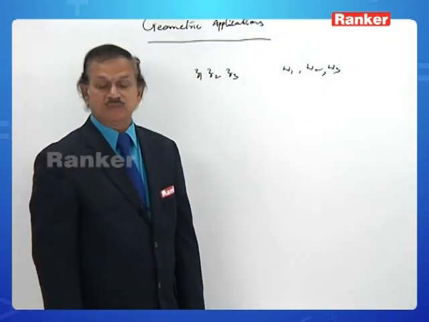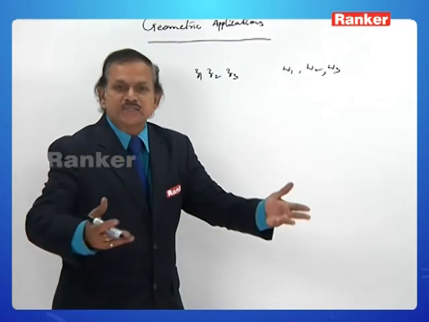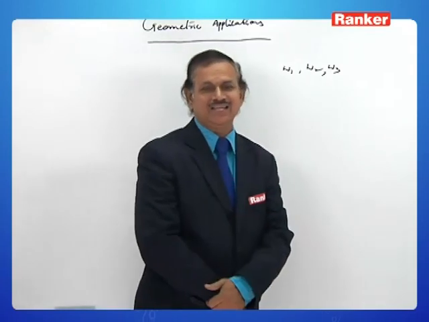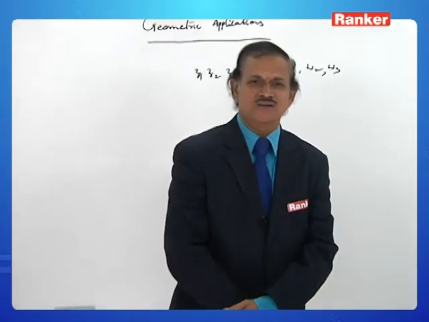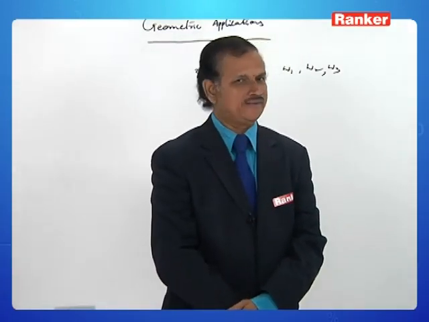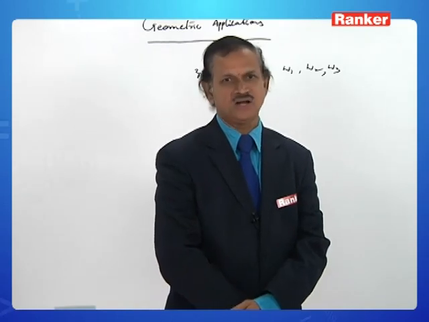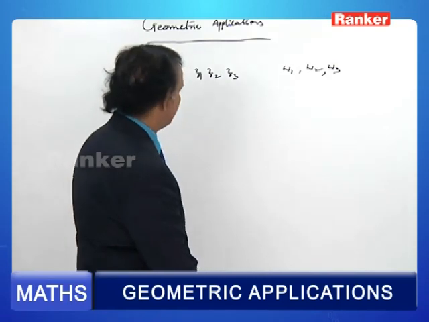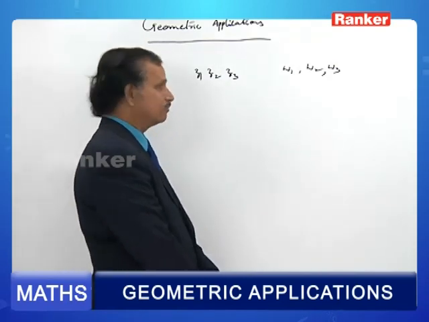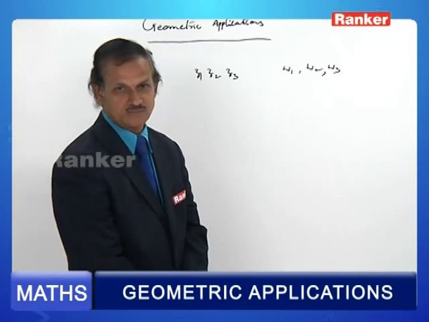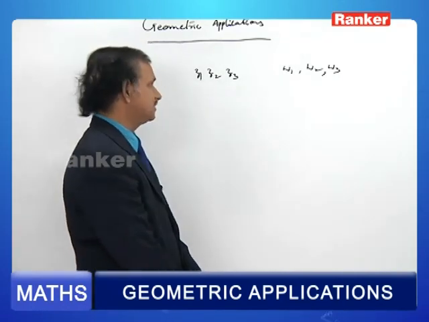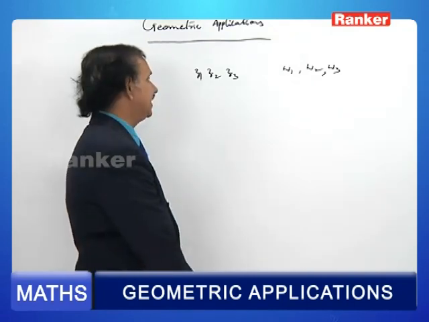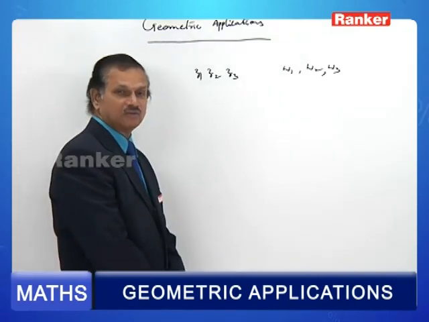If these two triangles are similar, similar means corresponding angles will be equal and the corresponding sides will be proportional. That is, mod Z1 minus Z2 by mod W1 minus W2 is equal to mod Z2 minus Z3 by mod W2 minus W3 is equal to mod Z1 minus Z3 by mod W1 minus W3. They are proportional and corresponding angles will also be equal.